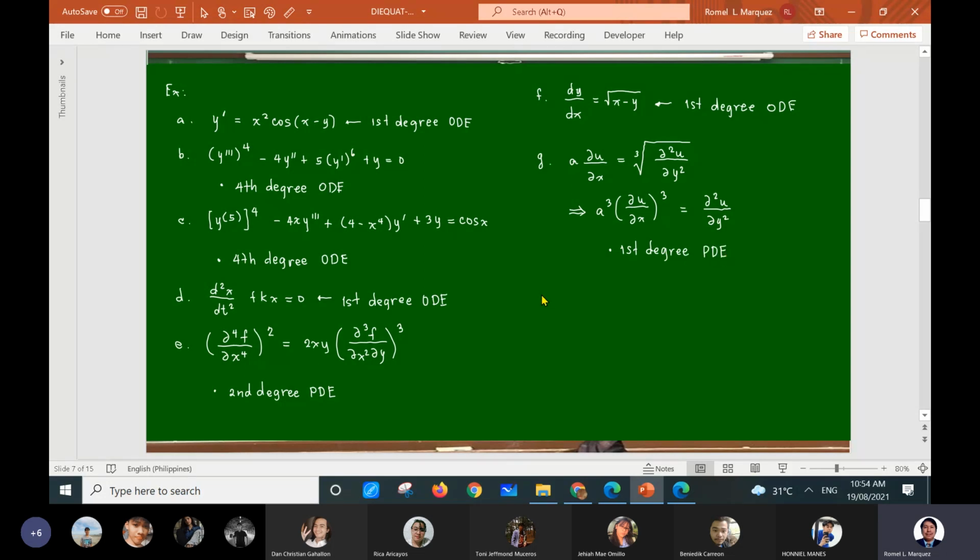Okay? H. We are now on H. What about if I have 1 plus y double prime raised to 3 halves, and this is equal to 2xy prime raised to 4. What about this, guys?